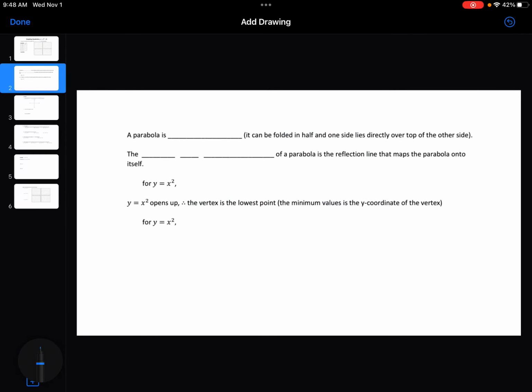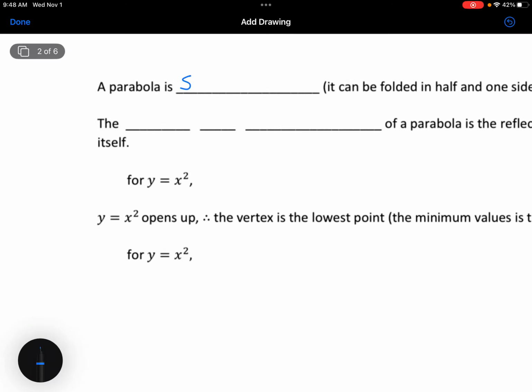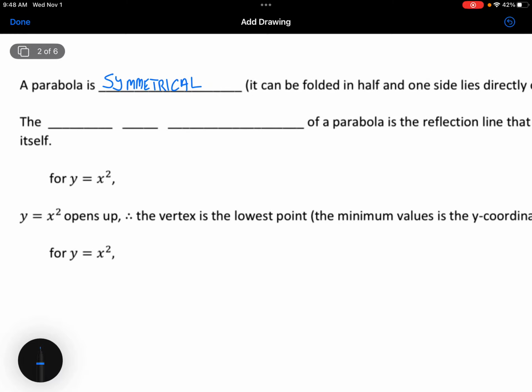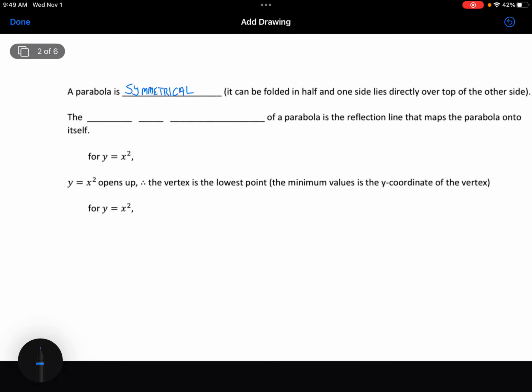So if we look at this, a parabola is symmetrical. It can be folded over itself, is what that little bracket there says. An important thing is that it has an axis of symmetry. The axis of symmetry is always the x value of our vertex.